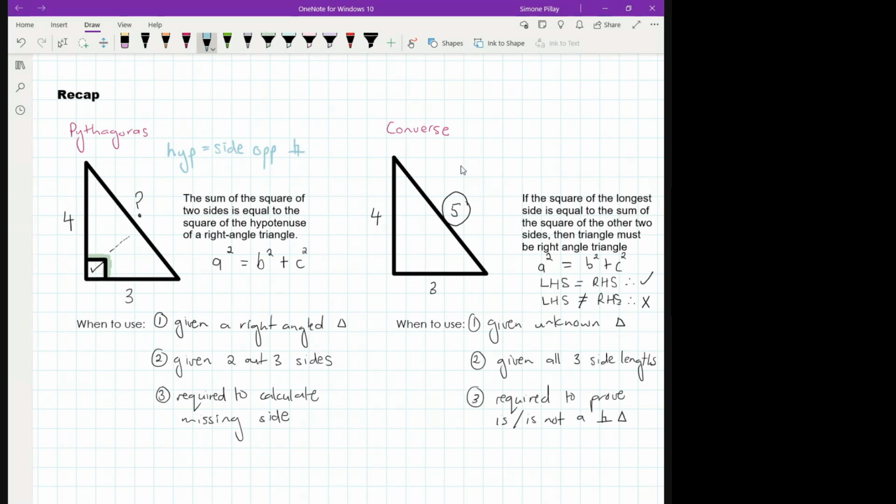Where you're given all three lengths of your sides, you know your hypotenuse by the longest side, okay? So that is how we know what is the hypotenuse.